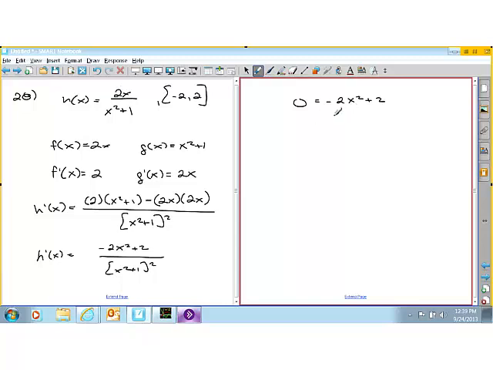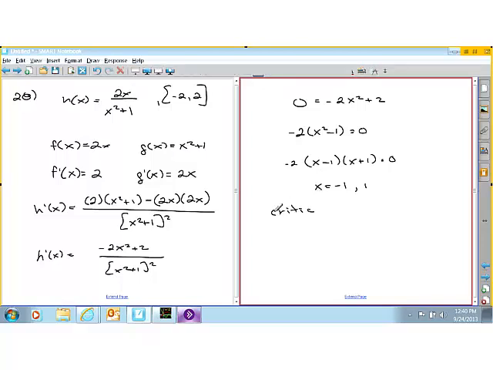But it turns out if we factor out a negative 2, we'll get x squared minus 1 equal to 0. So our two solutions, well, let's factor that. So you get x minus 1, x plus 1. So our two critical numbers are at x equals negative 1 and x equals 1. We have an x-intercept at x equals 0. So those are our critical numbers.